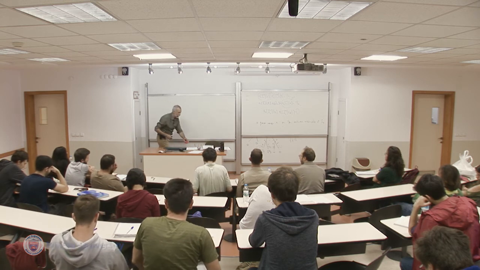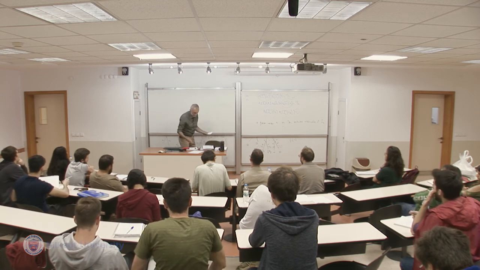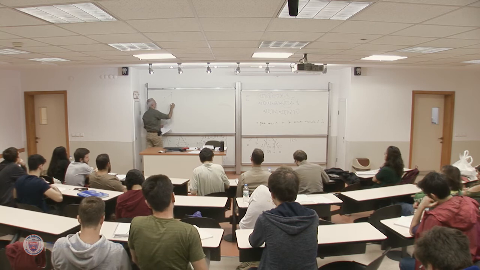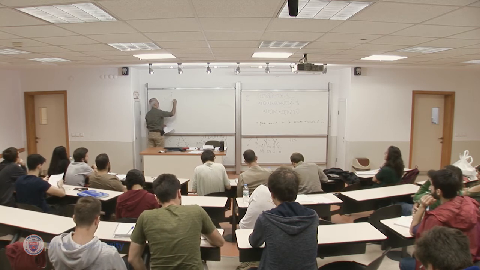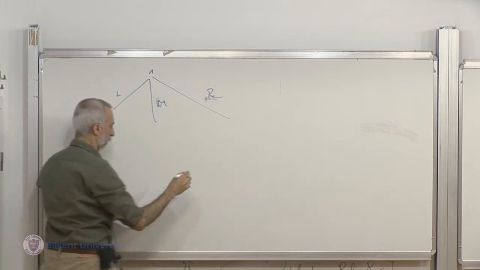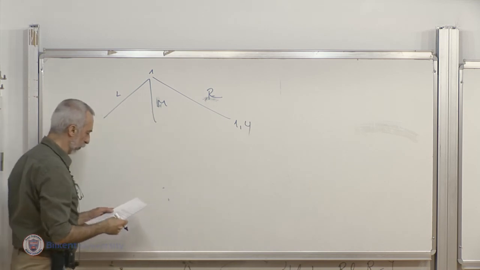Now, for the last couple of minutes, let's do a very simple example. Player 1 starts. He has 3 actions to choose from. If he chooses R, the game ends, and the associated payoffs are 1, 4.